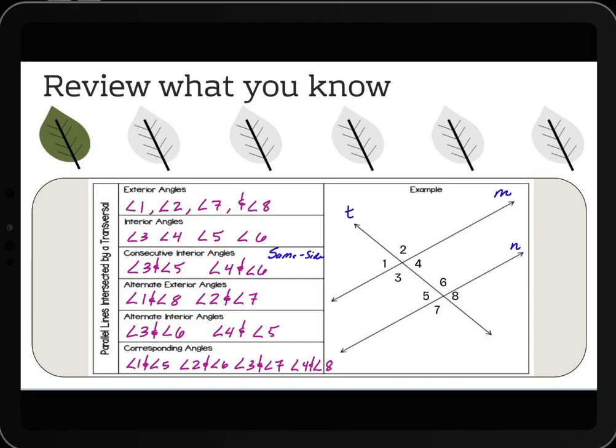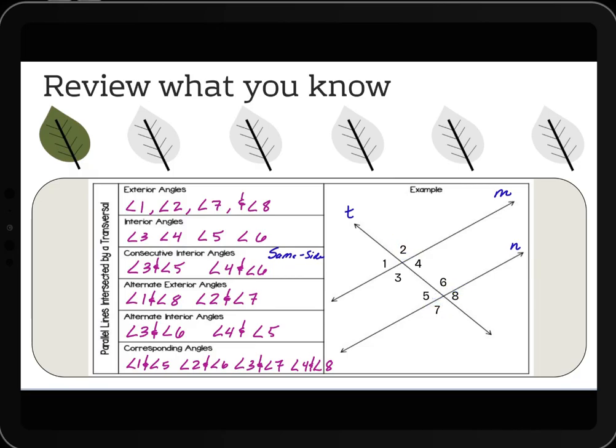With that being said, we can see that we have the consecutive interior angles, so 3 and 5 on the same side of the transversal and inside of the figure, the interior. 4 and 6 are in the interior and on the same side as well. You have the alternate exterior angles, which is 1 and 8, and we have 2 and 7.